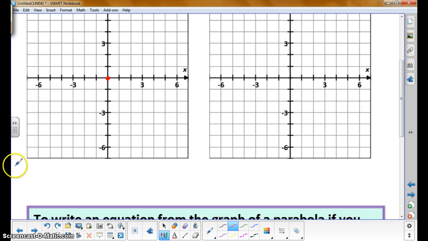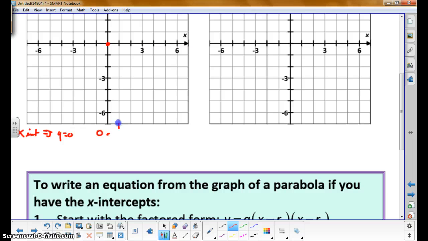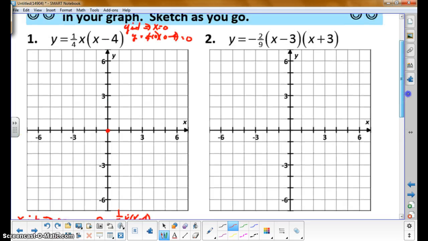Okay, now I'm going to do the x-intercepts, which means that y is equal to 0. So 0 is equal to 1/4 x times x minus 4. Did I do that right?